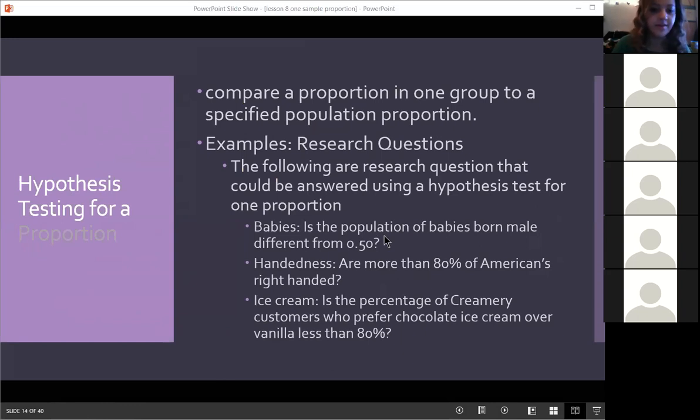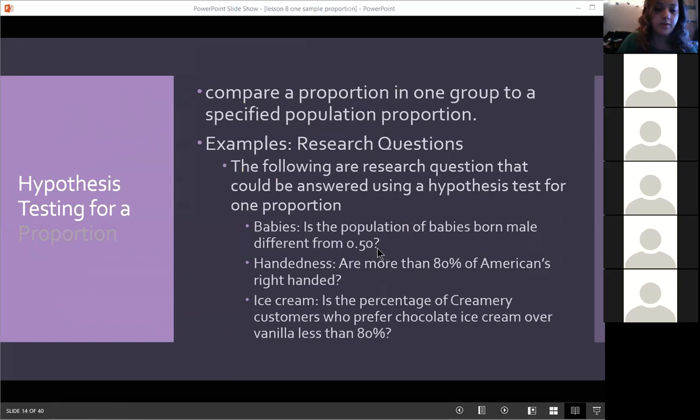Number of male babies would also be a proper way to say that, but is the population of male babies different from 0.5? So this is saying, can we decide that what we found using our samples represents the population? Do we think it's different from 0.5?